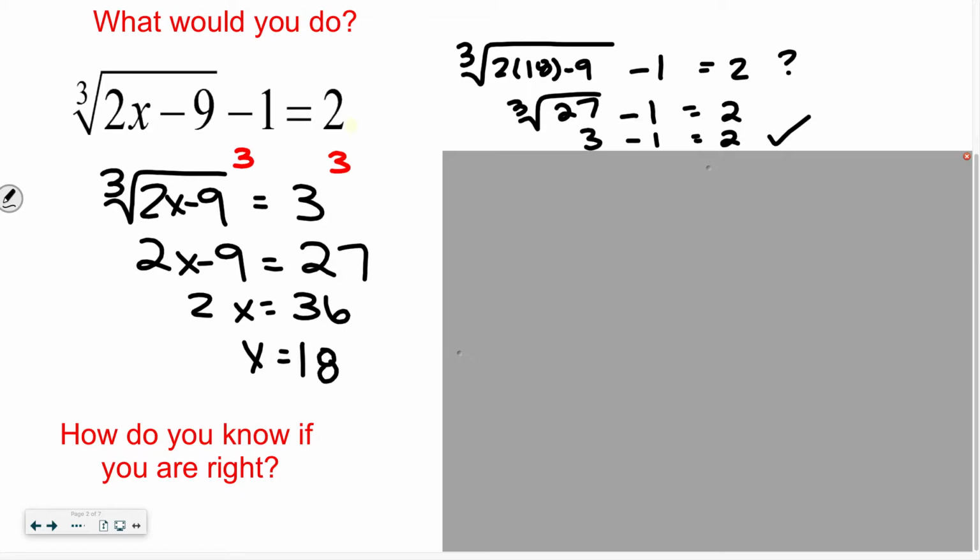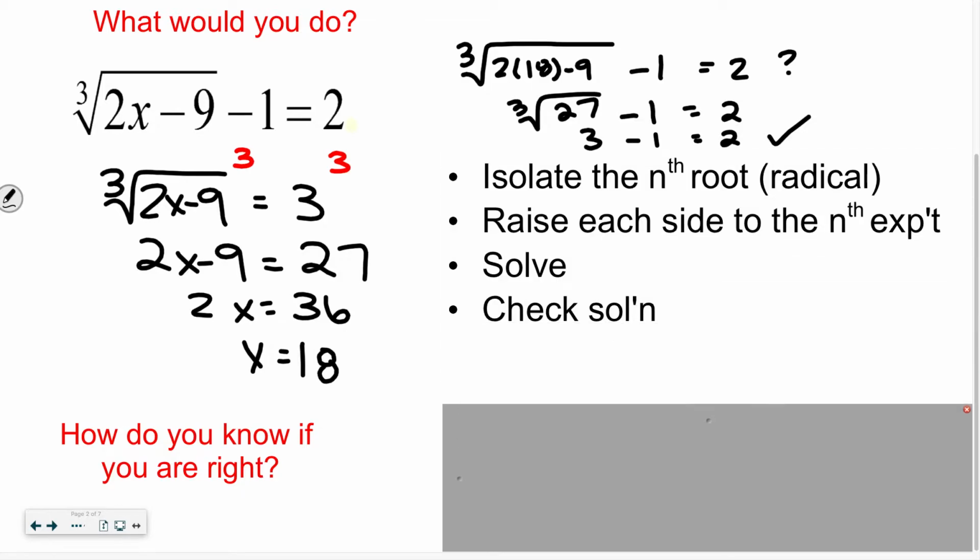2 equals 2. Okay. So basically, what you described to me, and if you want to jot some of this down, you can. First, you isolate the radical. Get the radical all by itself, the nth root. That could be a cube root, could be a 4th root, a 5th root. And then this is maybe a new piece for us because we've really only worked a lot with square root equations before.